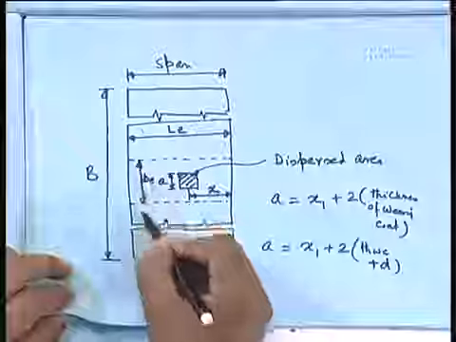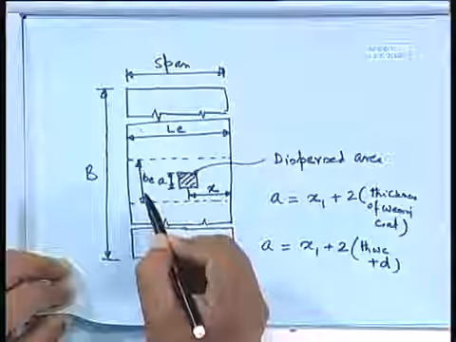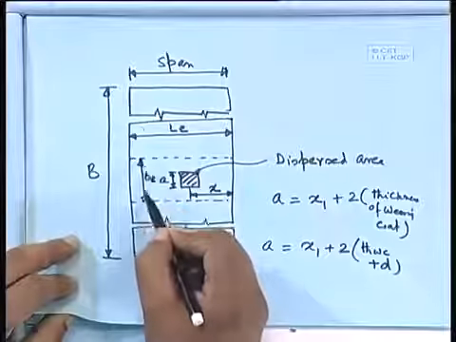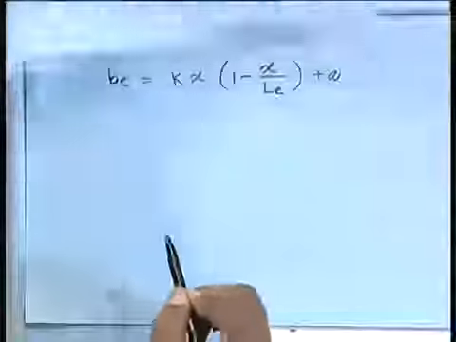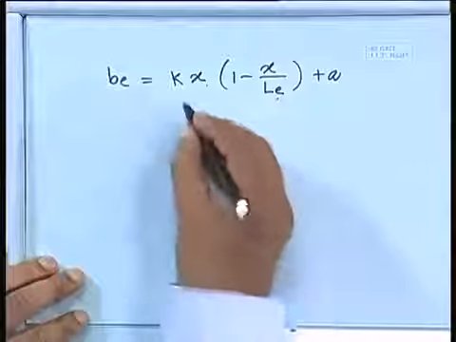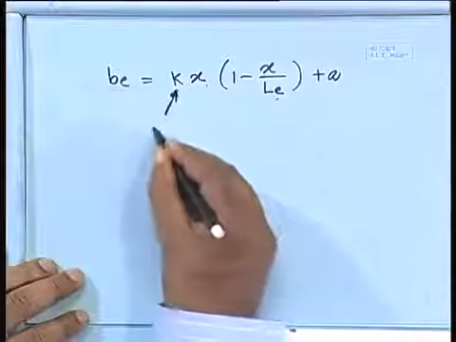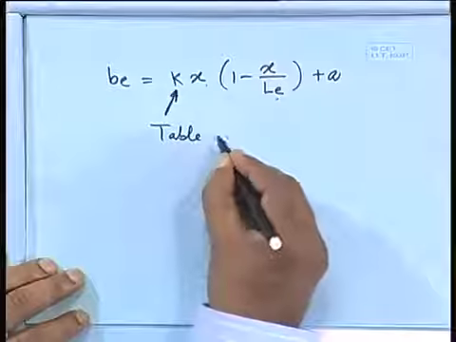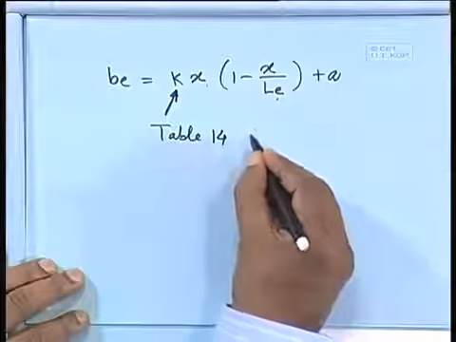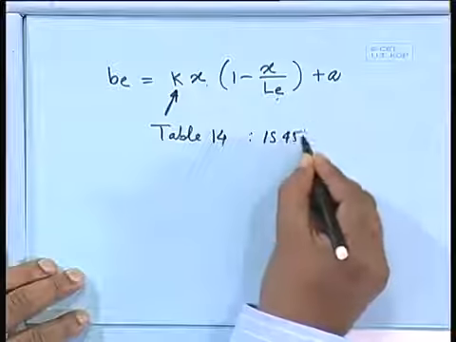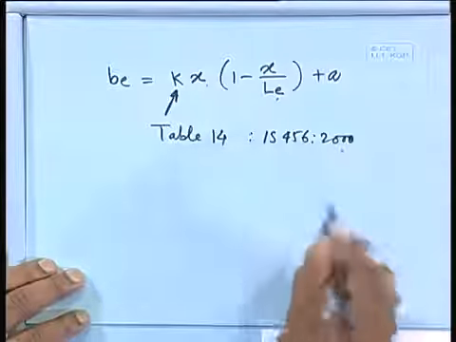What is the value of K? I shall get it from Table 14 of IS 456:2000.